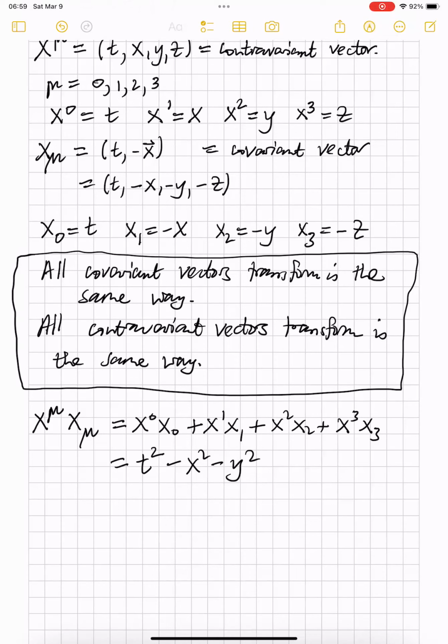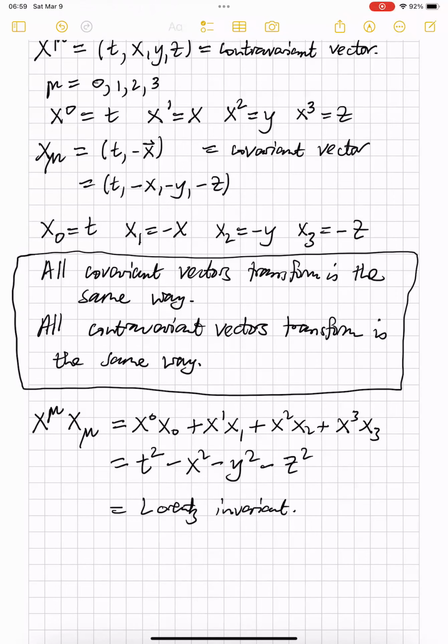And then x3 up is z, x3 down is minus z, so we've got minus z squared. And this we see is just our Lorentz invariant. This quantity will be the same in all Lorentz frames. So if you contract indices of two vectors, you will get a scalar.